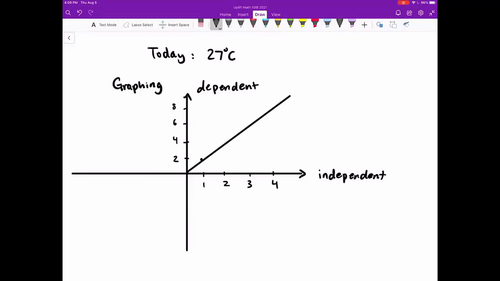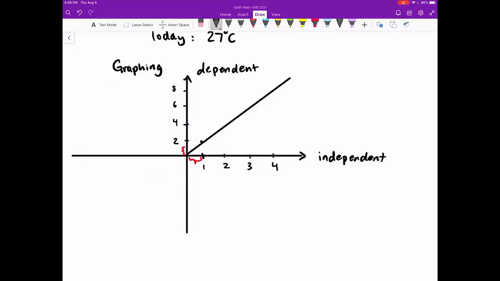You see how on the x-axis I labeled each unit as this distance, but on the y-axis I labeled each unit as like half of this. Usually they should be the same, but because my y-axis requires a lot more numbers, I just condensed it. But usually you shouldn't be doing this.